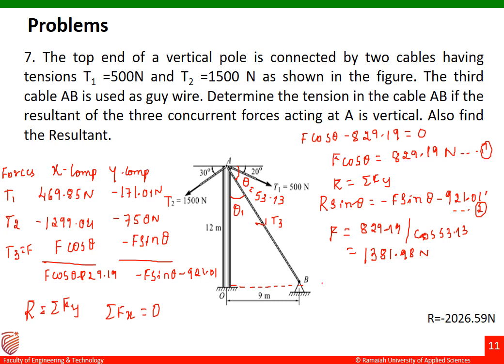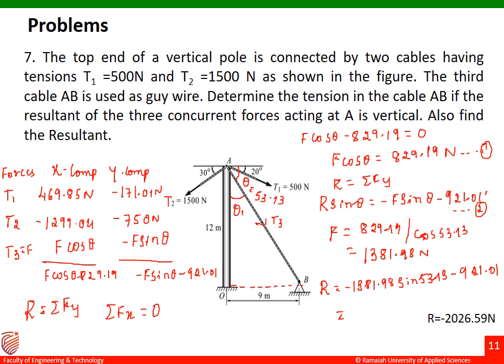We can directly enter the values here. That is R is equal to minus F, it is already known, 1381.98 sin 53.13 minus 921.01. So you will get the answer as minus 1381.98 sin 53.13 minus 921.01.